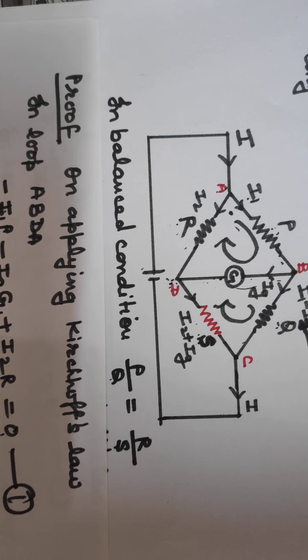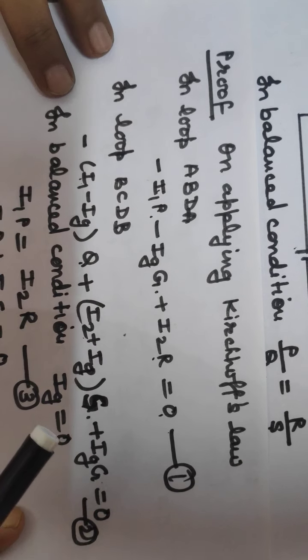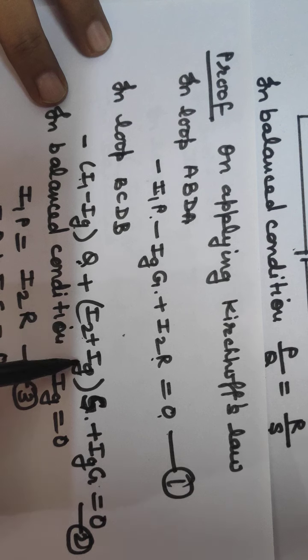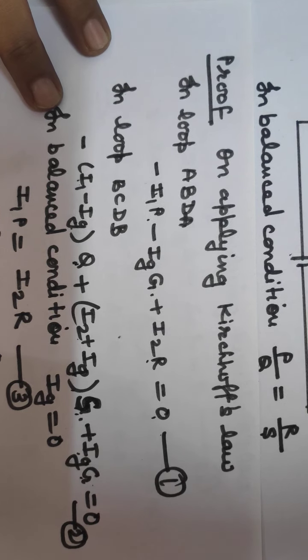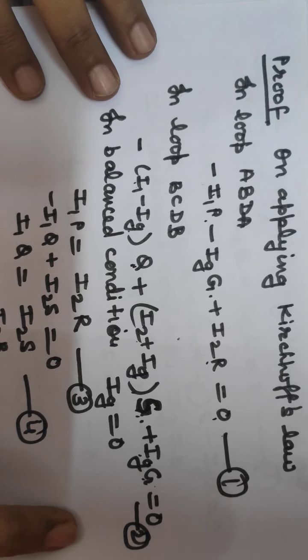So we make the equation like this: minus (I1 minus IG) into Q plus (I2 plus IG) into S plus IG G equal to 0. So we get two equations on applying Kirchhoff's law from the loops.